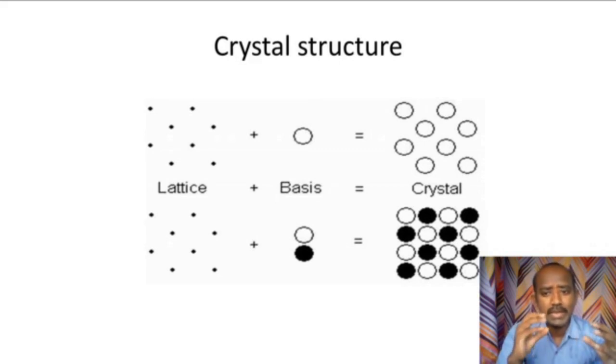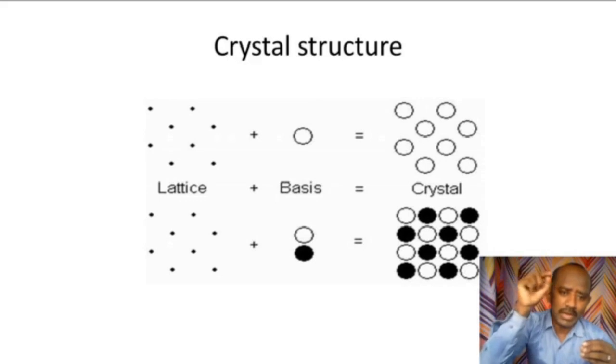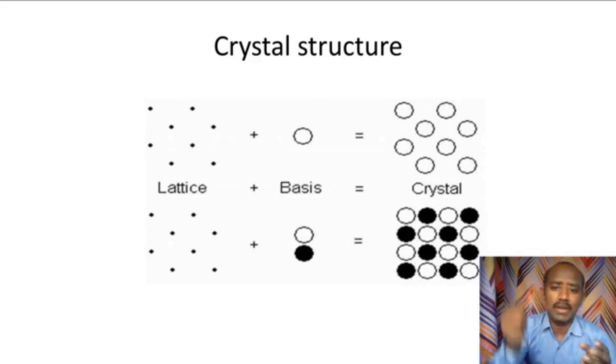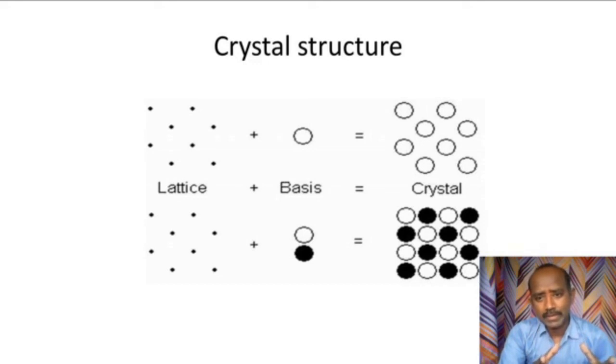For example, NaCl, sodium chloride, or potassium chloride, or cesium chloride. Here there are two atoms, sodium and chlorine, but these two atoms occupy only one position in the lattice point.